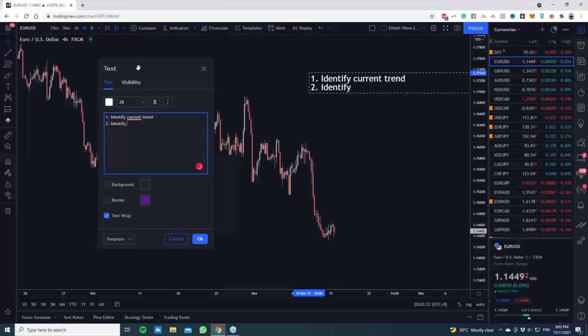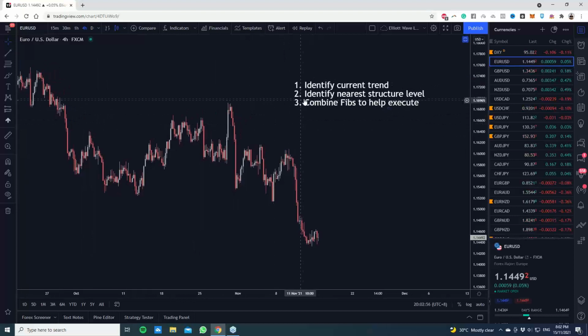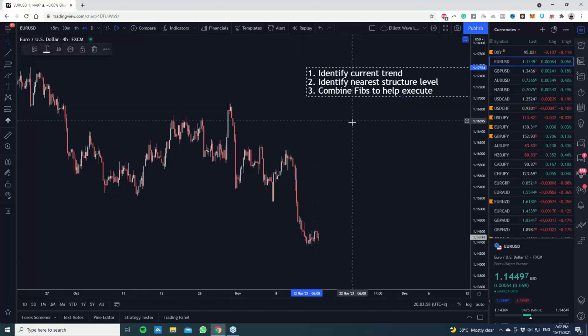The next step is to identify the nearest structure level, and again I'll show you how to do that. Last but not least, we'll combine a little bit of Fib to help us identify and execute our trade. These are the 3 components of this methodology called the 1, 2, 3, 4 trading strategy.